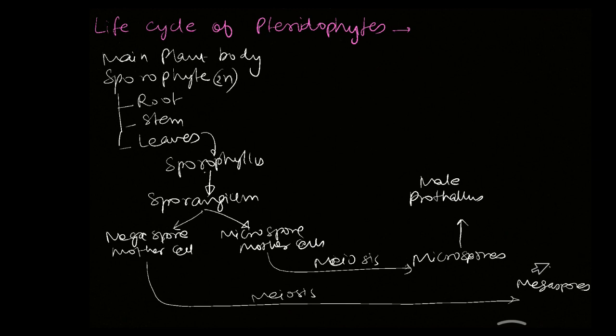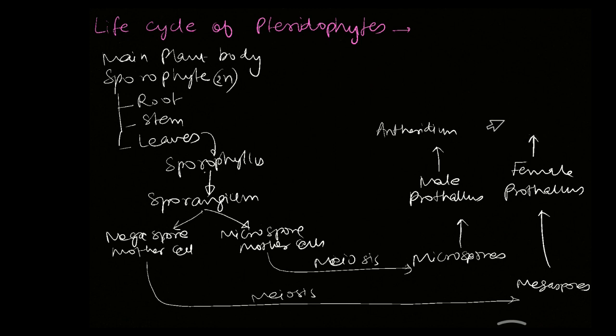These microspores form the male prothallus, and these megaspores form the female prothallus. The male prothallus forms antheridium, and the female prothallus forms archegonium.